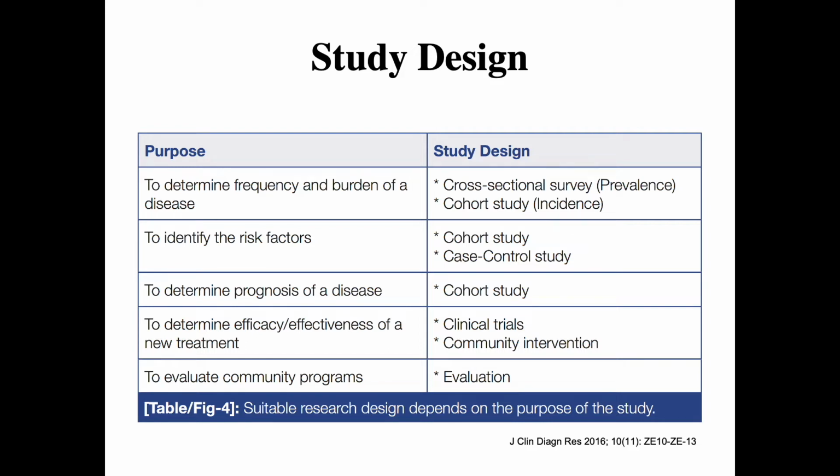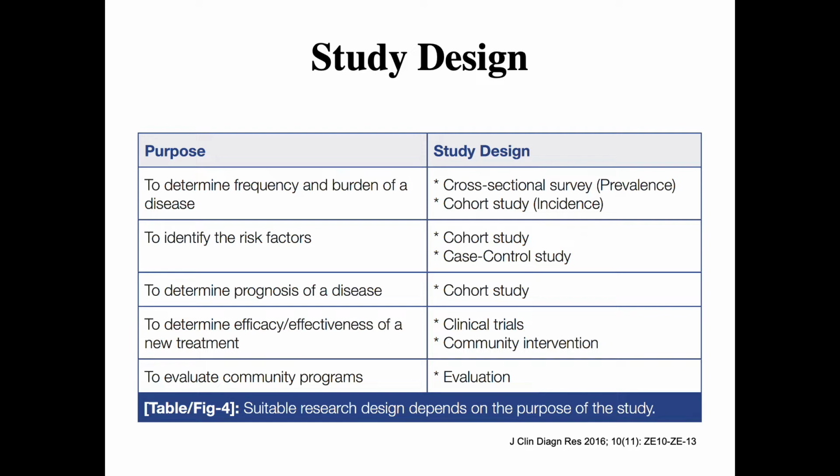And in some instances, particularly if you're interested in disease incidence, then you do a cohort study which follows a group of patients prospectively. Now, if your research question aims to identify a particular risk factor for a given condition, for instance, then you have cohort studies and case control studies that you can use as your study design.